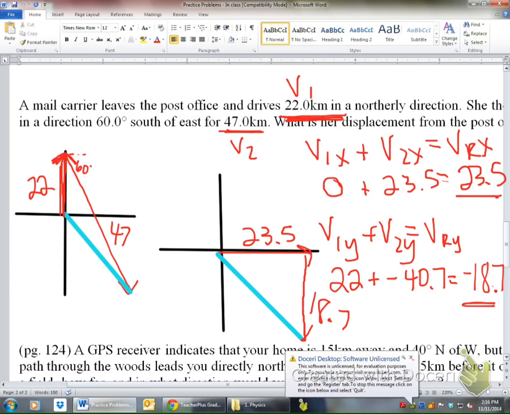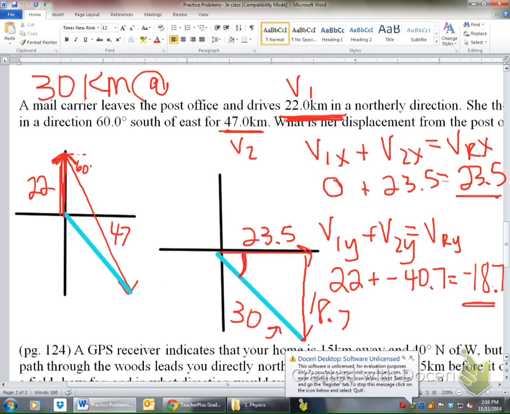So we got 30 point something? We'll just call it 30, so the magnitude of that vector is 30. The angle then is what? How do you find the angle? Using what trig function? Tangent, exactly.